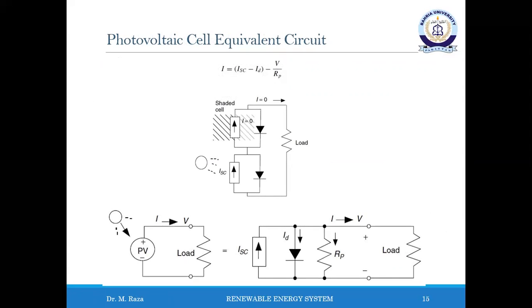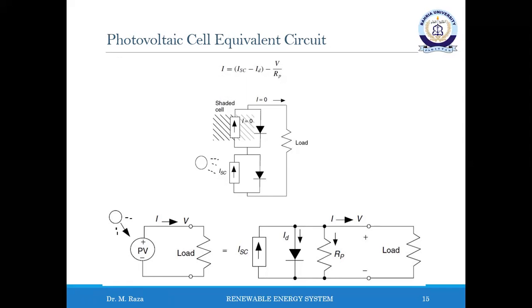There are times when a more complex PV equivalent circuit than the one shown in previous slides is needed. For example, consider the impact of shading on a string of cells wired in series, as shown in the upper diagram, such as over here. If any cell in the string is in the dark, it produces no current.